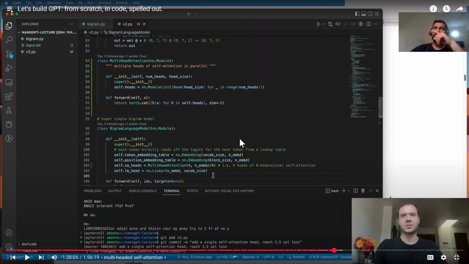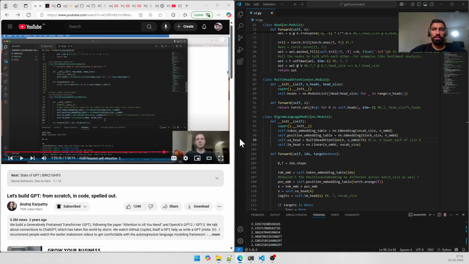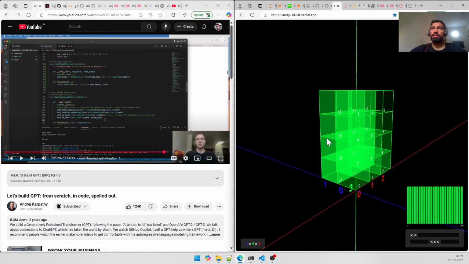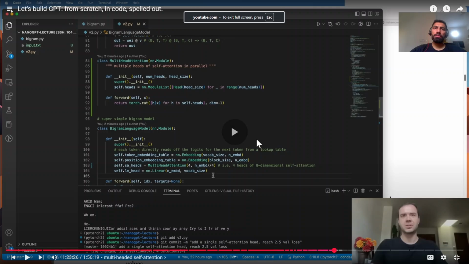That's what I explained here, right? 8, 8, 8, 8 will sit on top of that here, so 4 eights make 32, which is the original n embed.